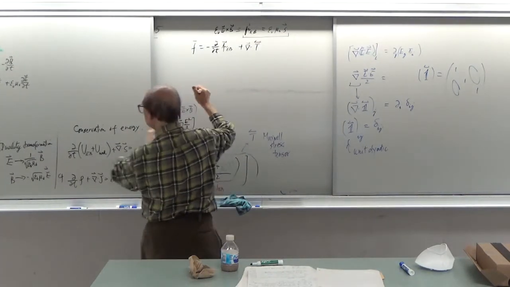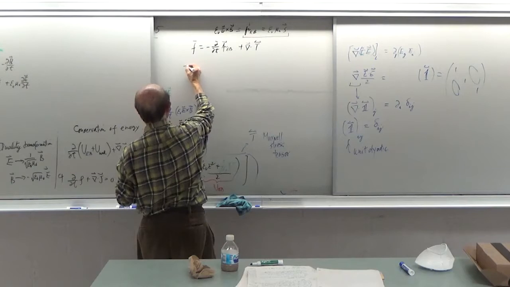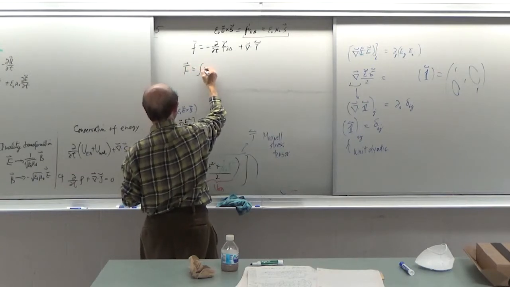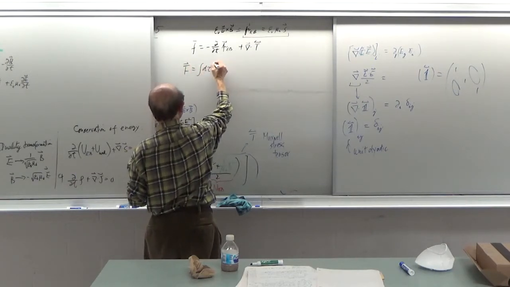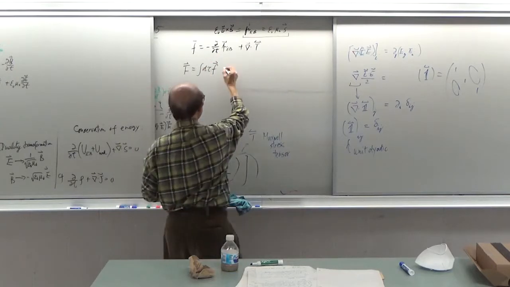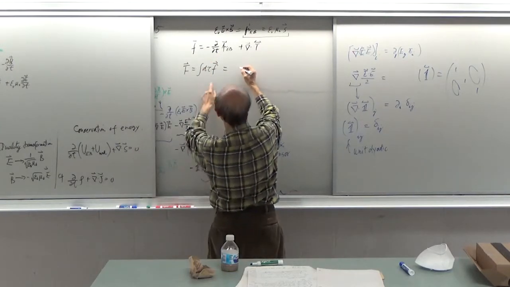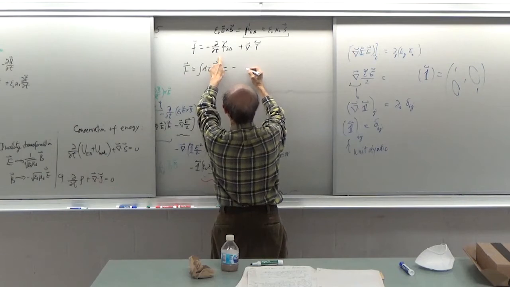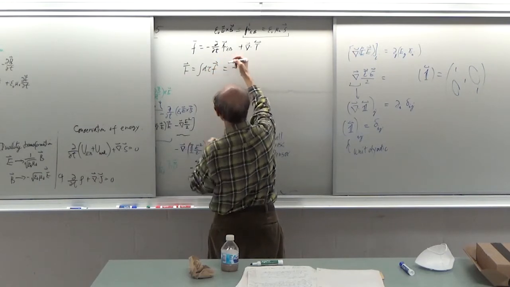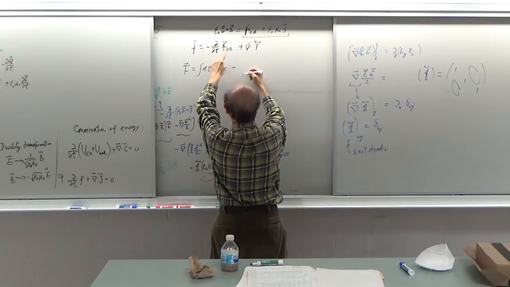So now let's go back to the total force, which is the volume integral of the force density. So then obviously it is given by minus the volume integral of this.